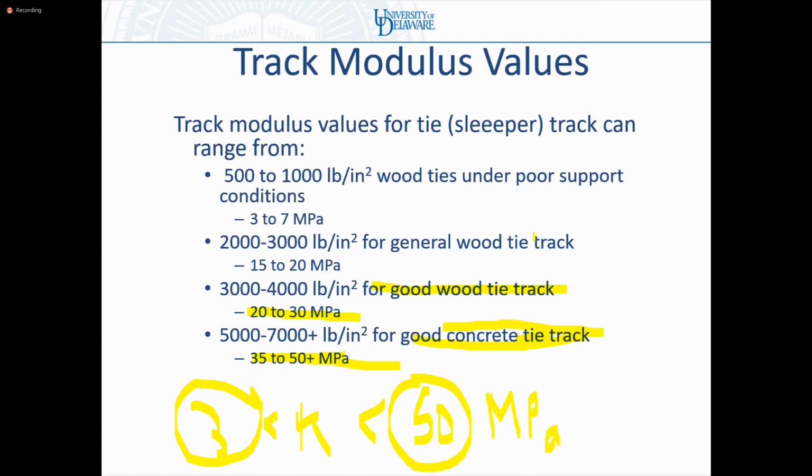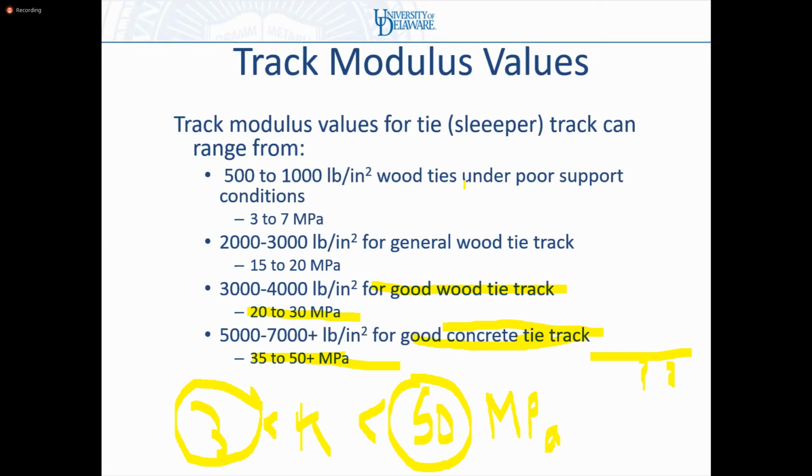Think about your beam and elastic foundation stiffness. If you put a heavier load down here, you're going to compress that spring a little bit. It'll be a little bit stiffer because the springs really are a little bit nonlinear. So good wood sleeper track or poor or moderate concrete sleeper track is 20 to 30 megapascals.